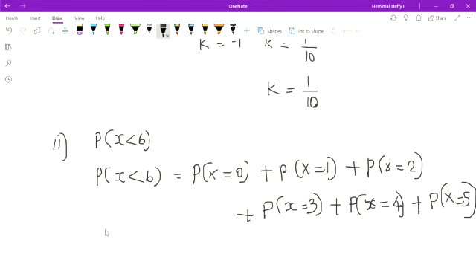Okay. So I will take the probability values of x equal to 0, then I take each one.